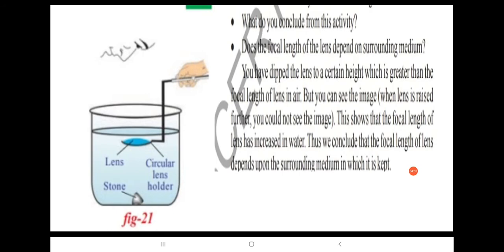So here, what do you conclude from this activity? Does the focal length of the lens depend on the surrounding medium?